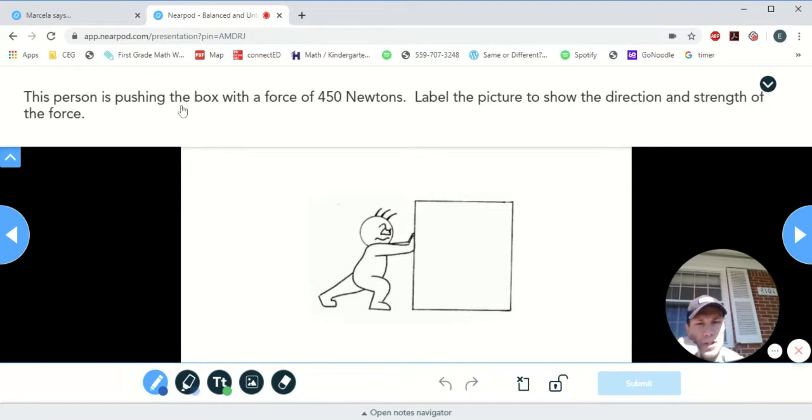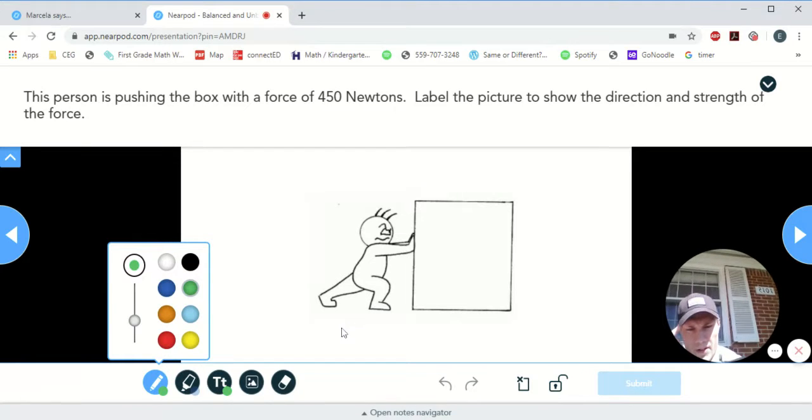This person is pushing the box with a force of 450 newtons. Label the picture to show the direction and strength of the force. Well, the push, that means it's going to go towards the right, and 450 newtons will be the strength. So I'm going to come over here. I'm going to use green because it's my favorite color.